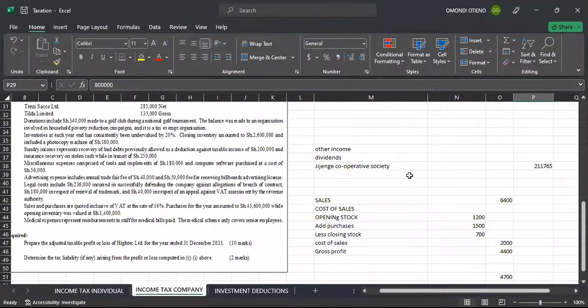So ingekuwa Uganda, Ethiopia, still it is tax exempt. It is exempted from tax. So this is what I was saying.